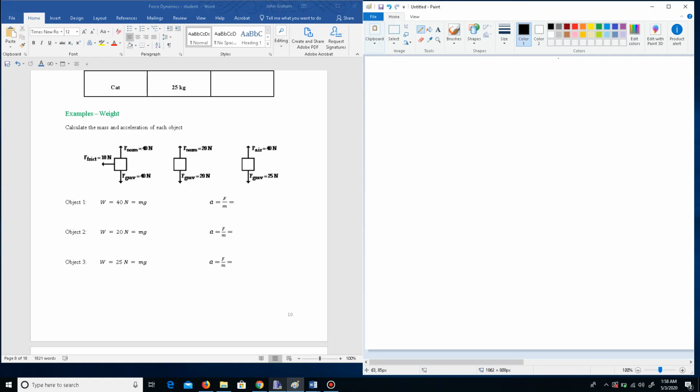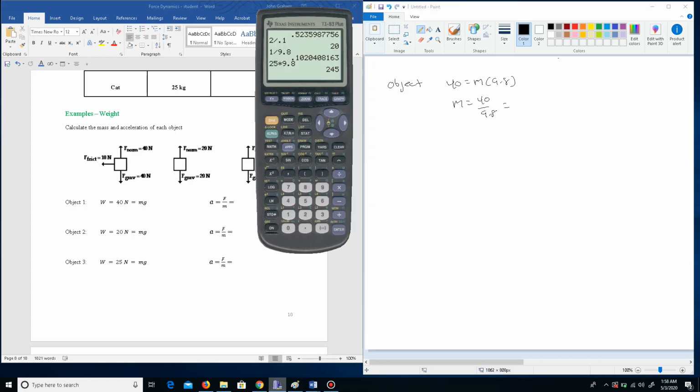So if we want to find the mass for object 1, 40 equals mass times 9.8. Divide by 9.8, you get 40 over 9.8, which is 4.08.